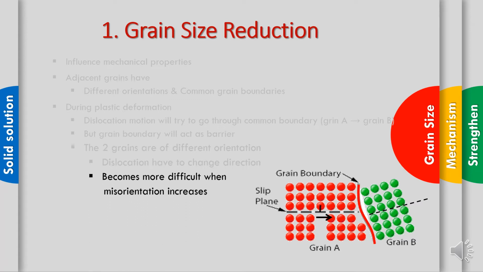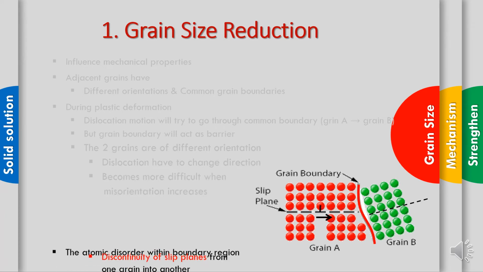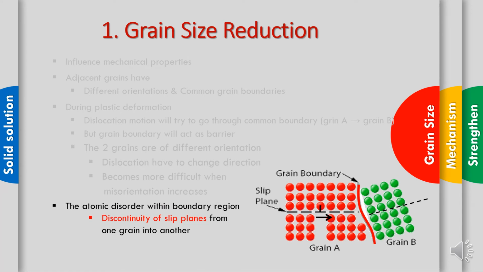It becomes more difficult when misorientation increases, whereby a very high angle is produced. There is atomic disorder within the boundary region, and discontinuity of slip planes from one grain to another.